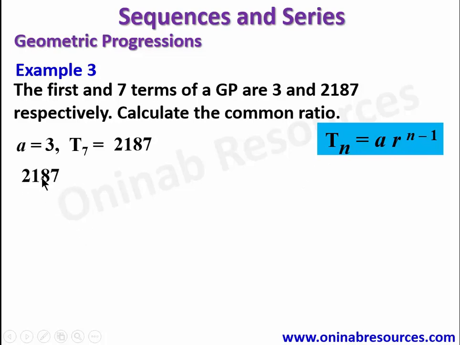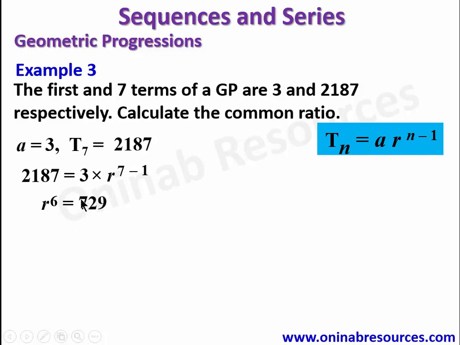So 2,187 will be equal to 3 times r, we don't know r, raised to power 7 minus 1. To simplify this, r raised to power 7 minus 1 is r raised to power 6. 2,187 divided by 3 gives 729.